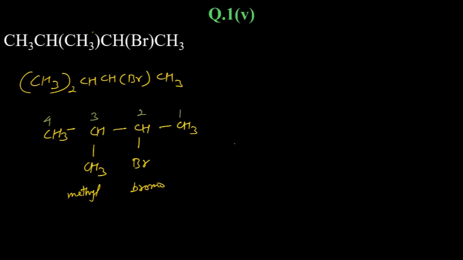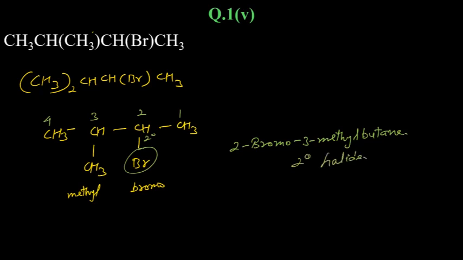So it will be 2 bromo, 3 methyl, butane. The carbon to which bromine is attached is a 2-degree carbon. So 2-degree halide. It is simple halide without any double bond, etc. So it is alkyl halide. Yes, Tuhina, Ahan, correct. Good.